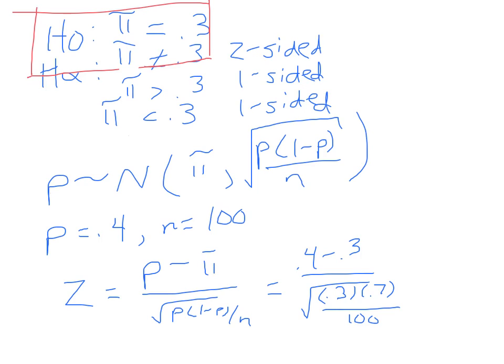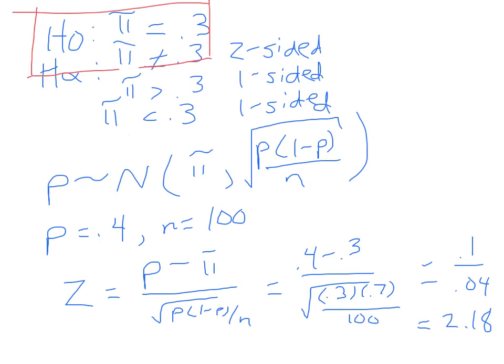So you have 0.1 over 0.0458, which gives you 2.18.